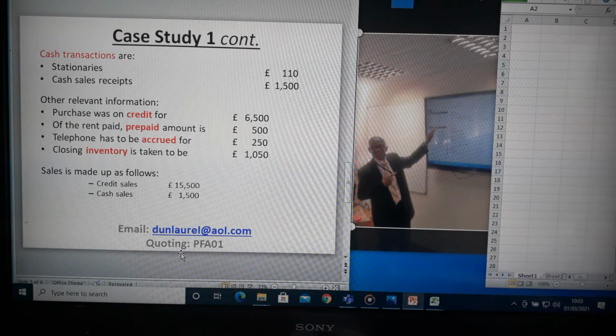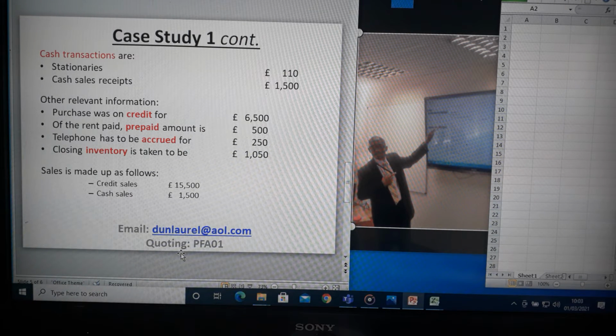Now the other way of settling transactions is the cash mode. Here they are quite few. She paid for stationery £110 using cash. Now she received cash sales 1,500 from those who might not have credit, or the passing trade.